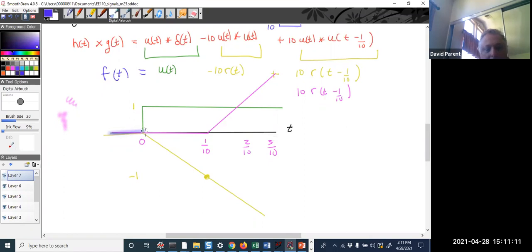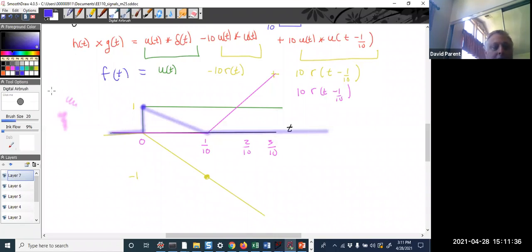So nothing happens until time equals 0. But at 0, it goes up to 1. But then there's this negative ramp all the way to this point. At this point, I have a minus 10 slope and a plus 10 slope, and it evens out.